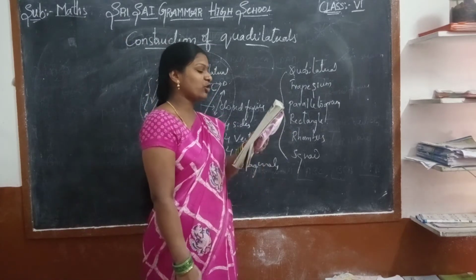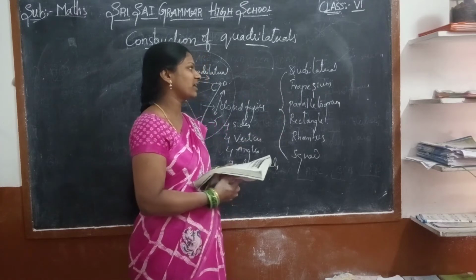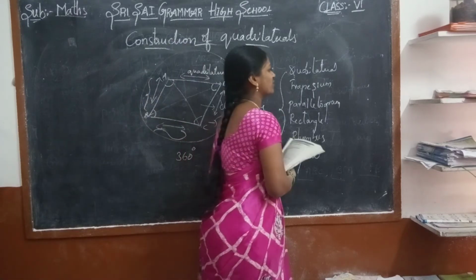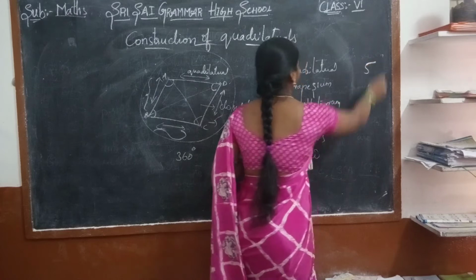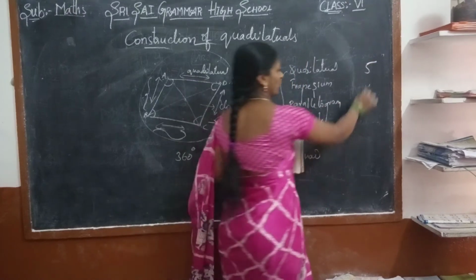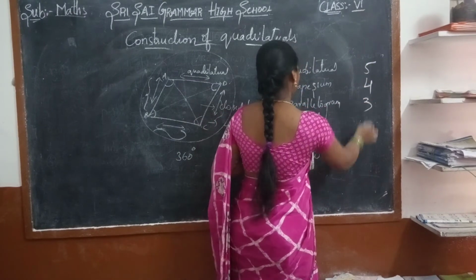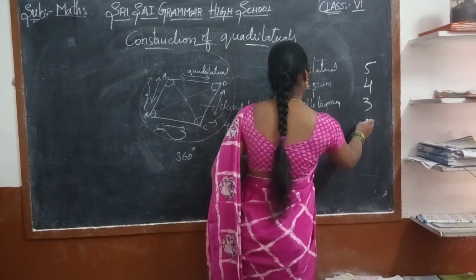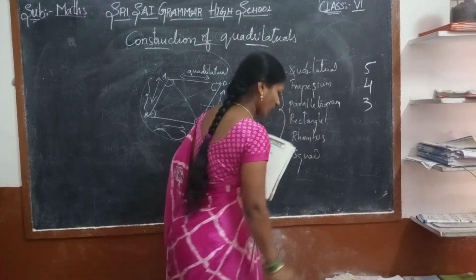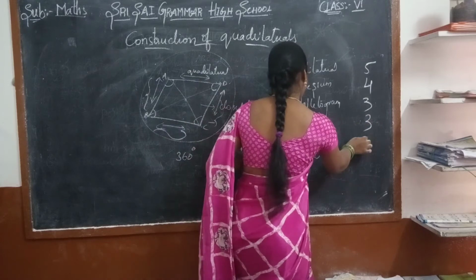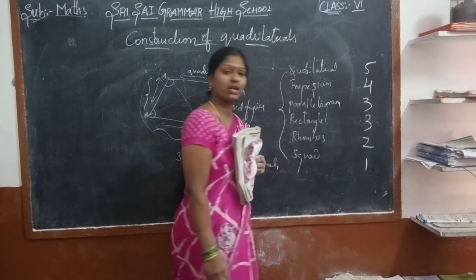These are the numbers of individual measurements. In quadrilateral, 5. In trapezium, 4. In parallelogram, 3. Rectangle, 3. Rhombus, 2. Square, 1.